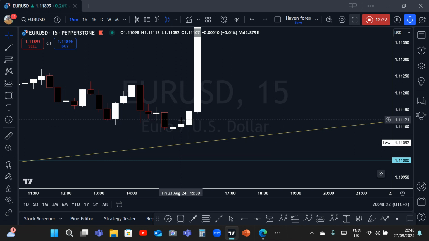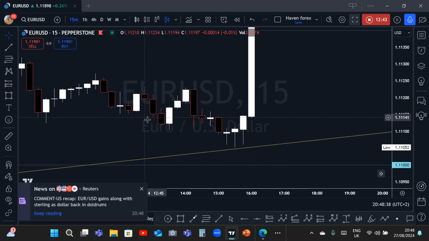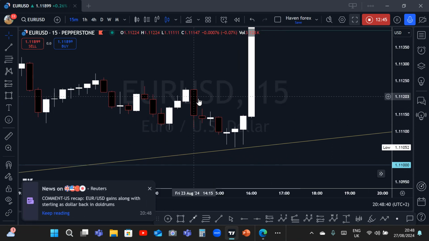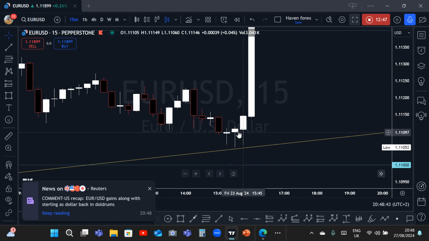Price came down, but buyers pushed and rejected the price to this level. And at the end of the day, they continue to push higher. The story behind it is that they are saying the price is too low. Now the buyers are here.